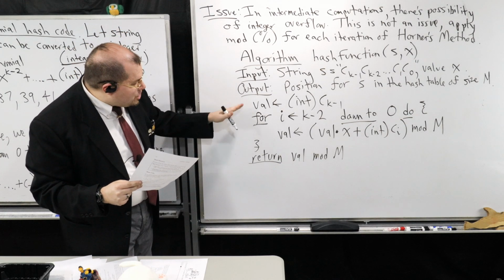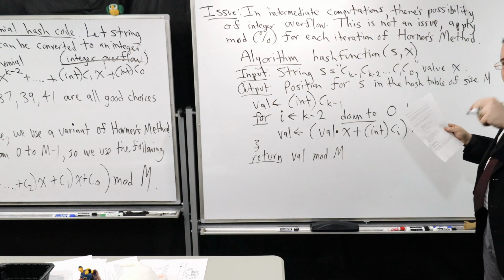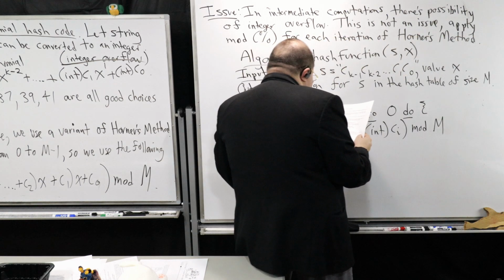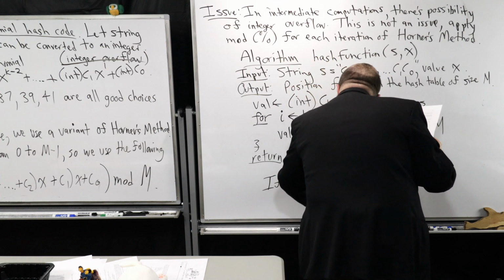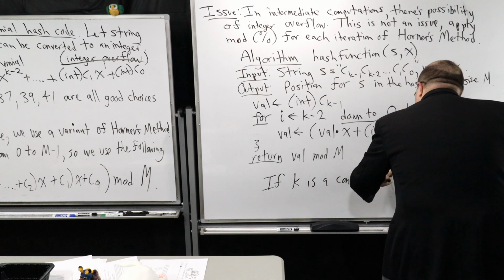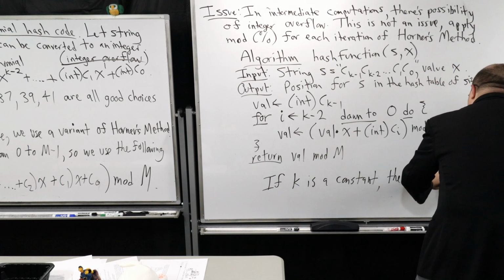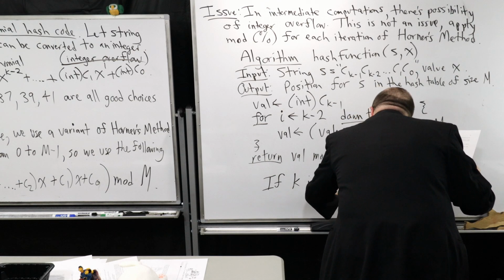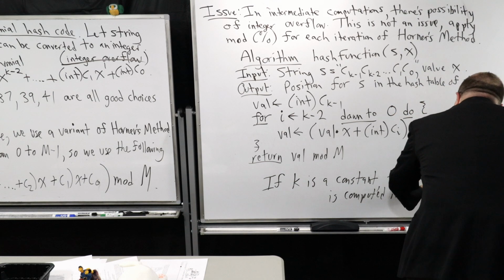Now, one neat thing that I should point out before we leave, and I'll leave the analysis for you to think about, it's in the notes, is that if k is a constant, the hash function is computed in constant time, big O of 1 time.